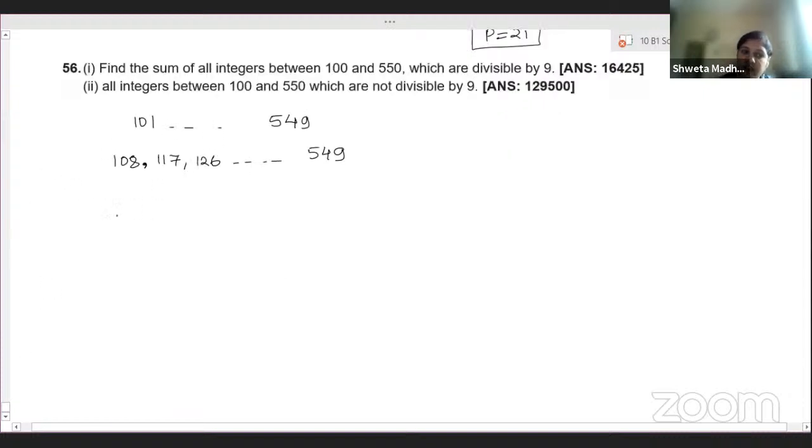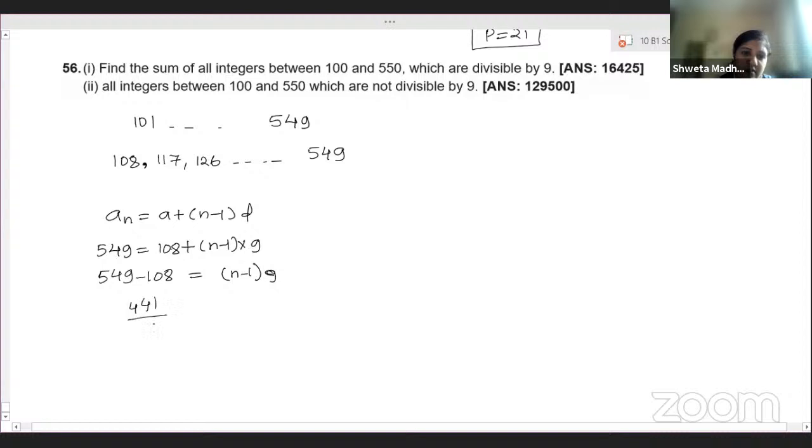So position of 549: a_n is equal to a plus (n minus 1) d. 549 is equal to 108 plus (n minus 1) into 9. 549 minus 108 is 441. So 441 by 9 is equal to n minus 1, which is 49. 49 plus 1, that is 50, is equal to n.